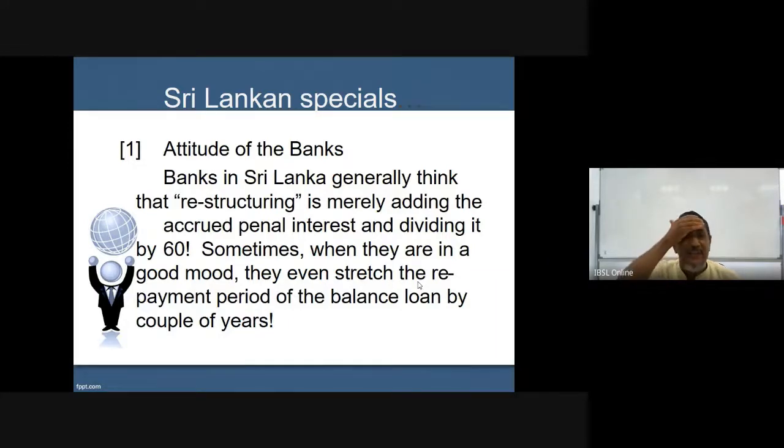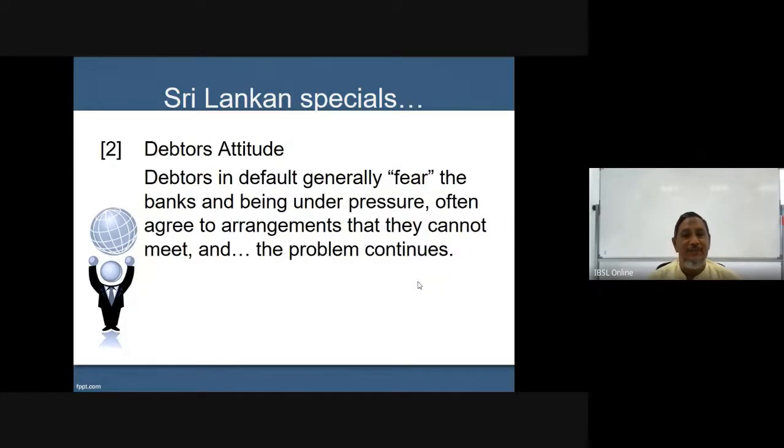So what is restructuring? Most of the banks apply this here: add the penal interest and divide by 60, or extend the period. So that's one of the issues presently, not understanding what is restructuring or rescheduling, what is turnaround.